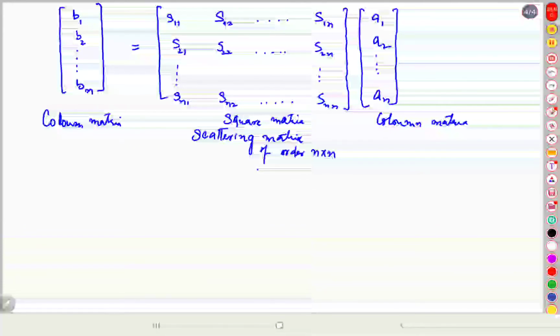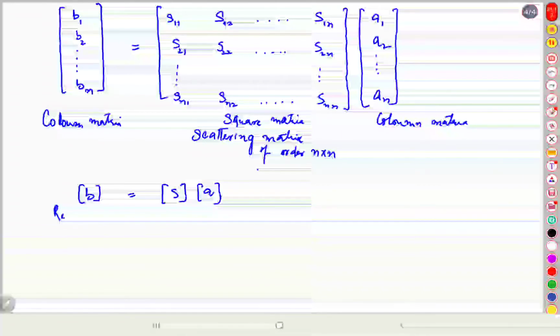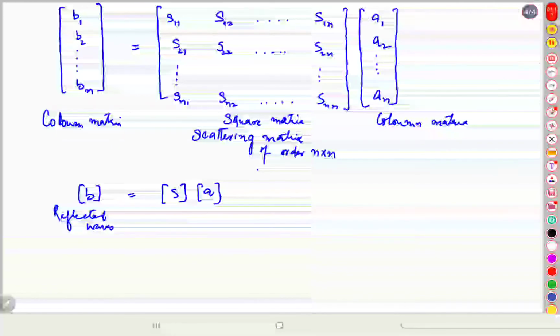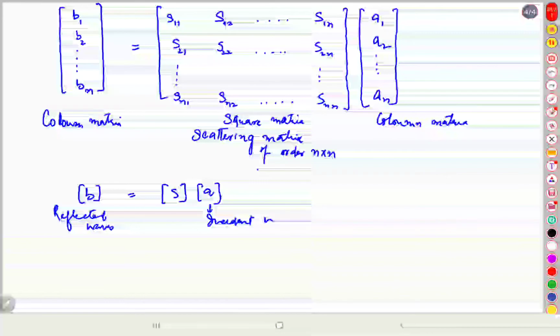So I can write it as B is S into A, where B corresponds to reflected waves, A corresponds to incident waves, and S is the scattering matrix.